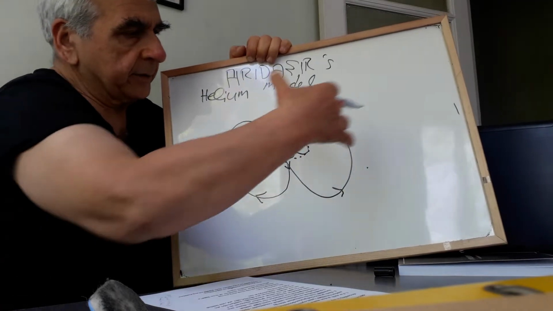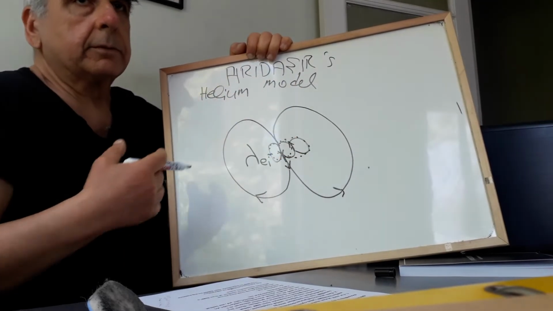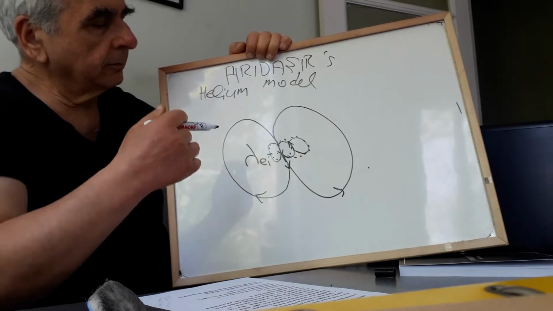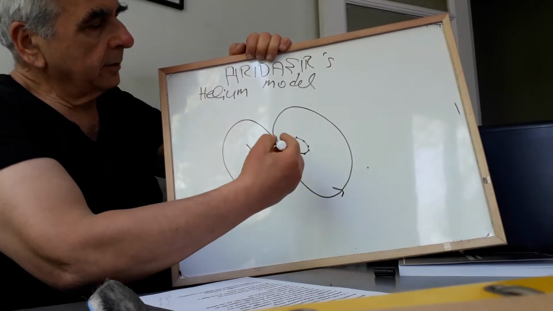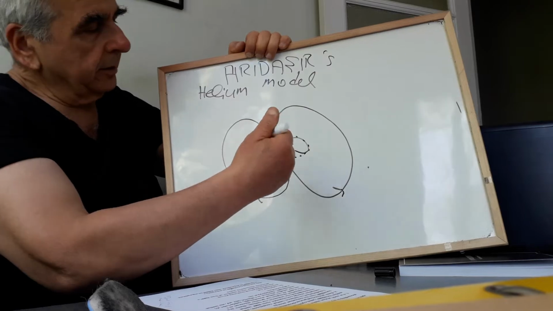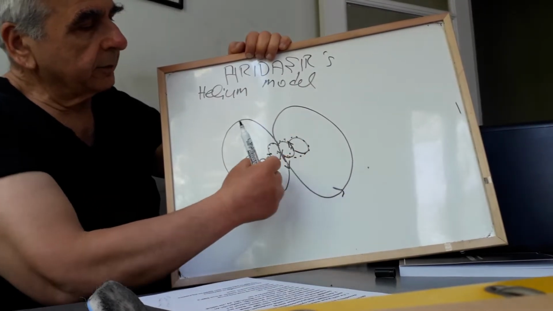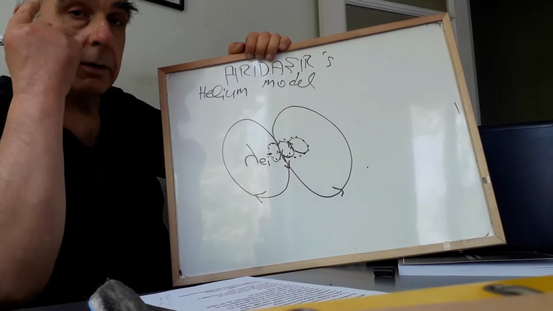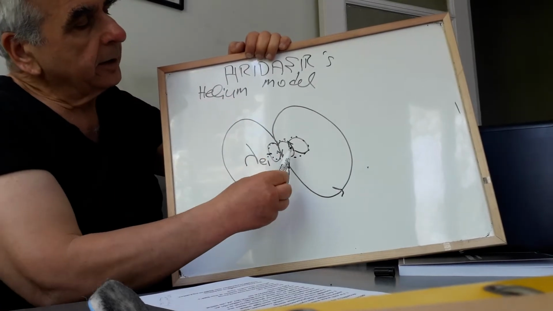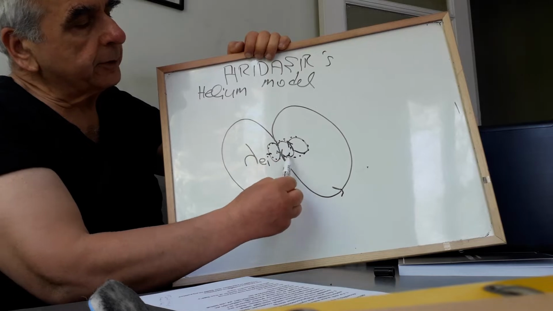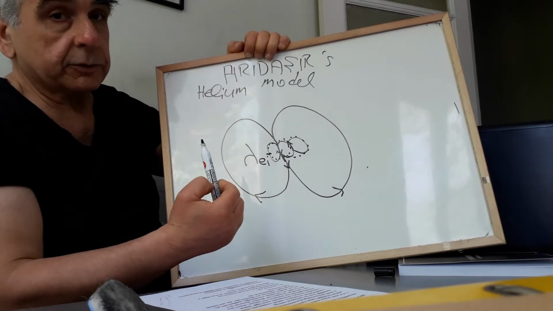I generalized this for all of atoms. Here. Another electron motion form, second. For each proton, only one electron. For first proton, this electron motion form.